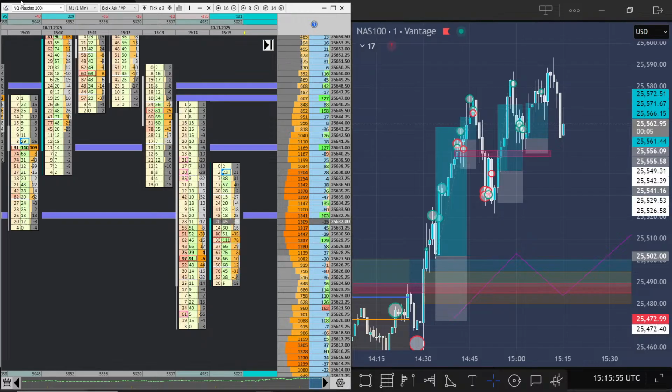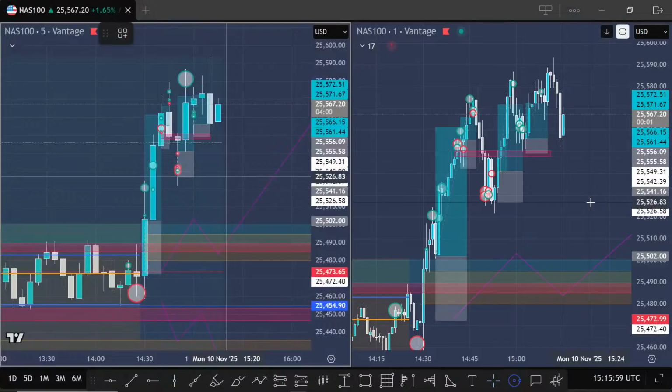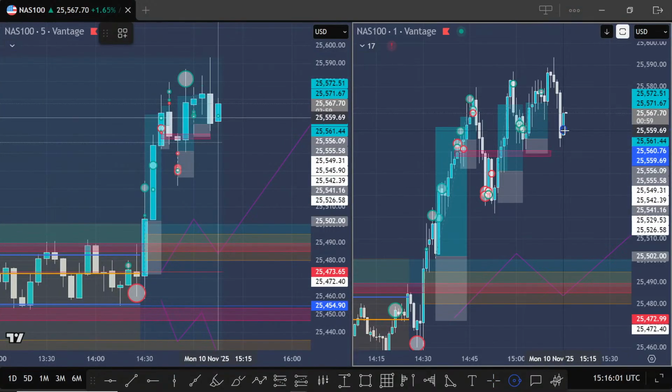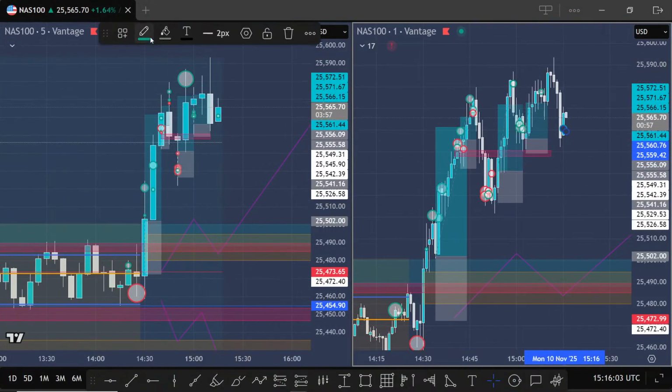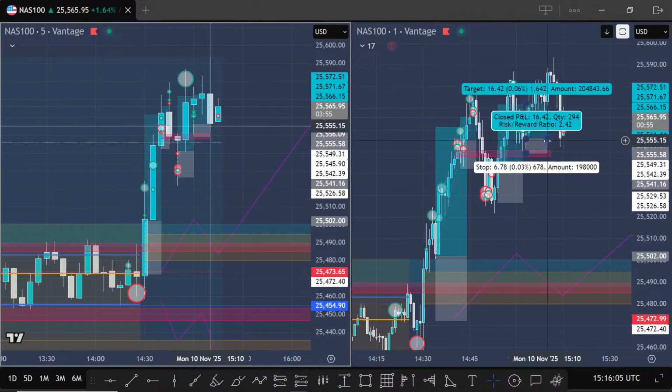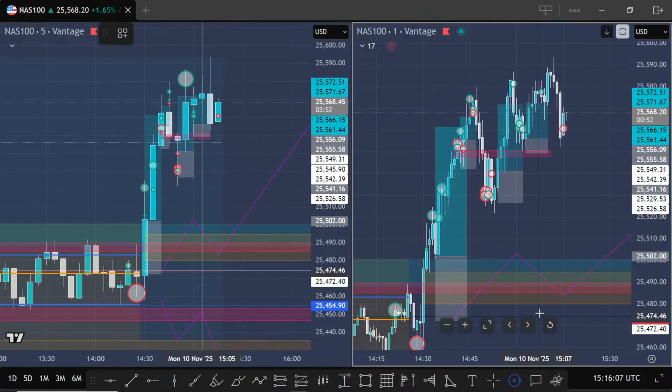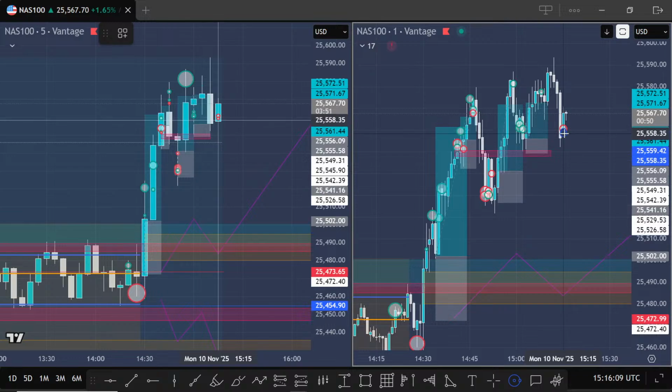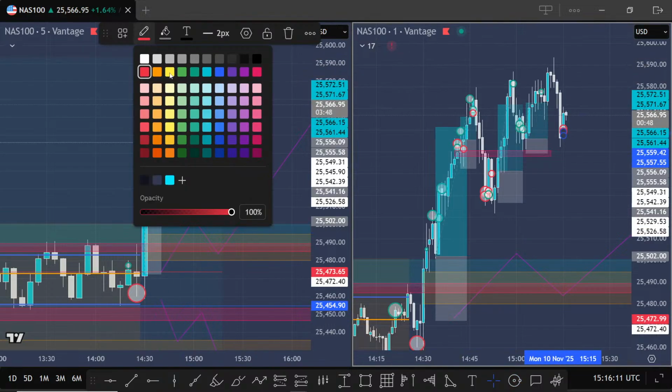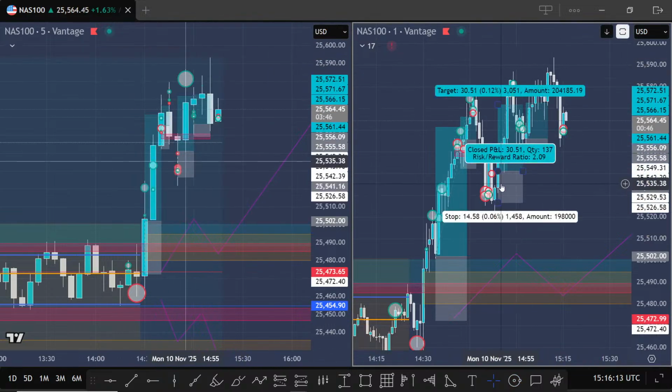And there's the aggressive seller. Or is it a sell? Aggressive all sorts. So we've got sells and buys in here. So whether we get the sellers absorbed again or not.